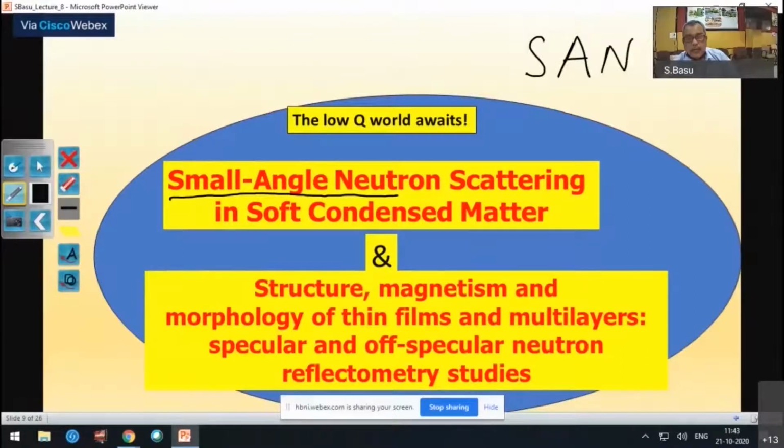Those of you who are in metallurgy, biology, chemistry, even working on natural samples like rocks, many of you come to small angle neutron scattering to find out structure at the mesoscopic length scale. The term is mesoscopic length scale.